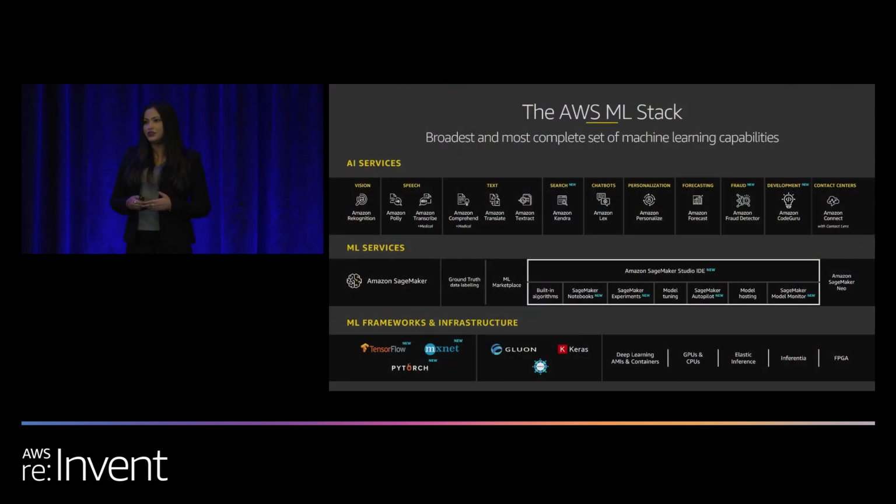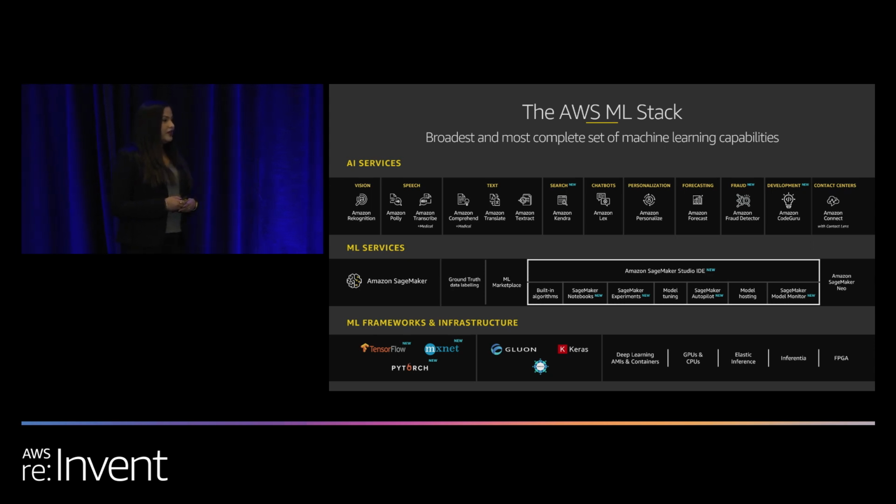Let's start at a high level of what we call the AWS machine learning stack. At the first layer, you have the machine learning frameworks and infrastructure that enable you to push the boundaries of what is possible with machine learning today.